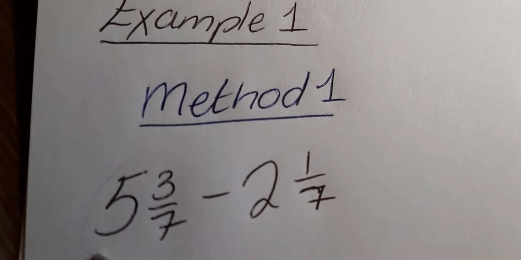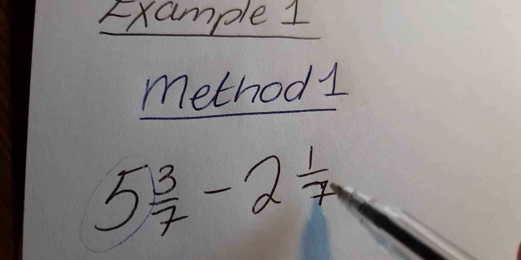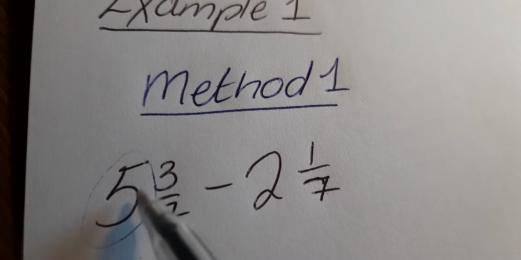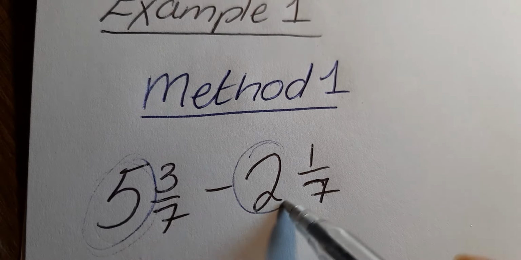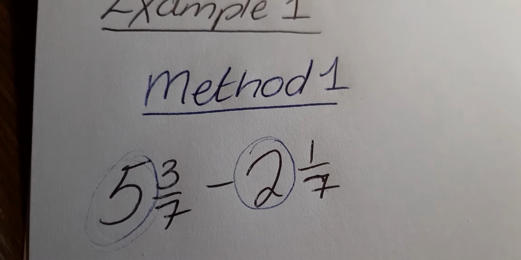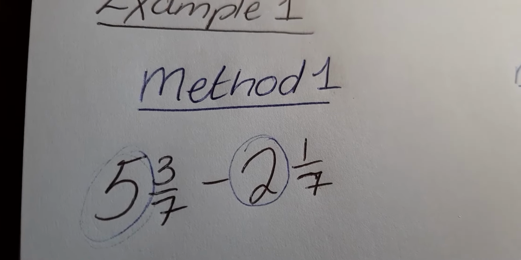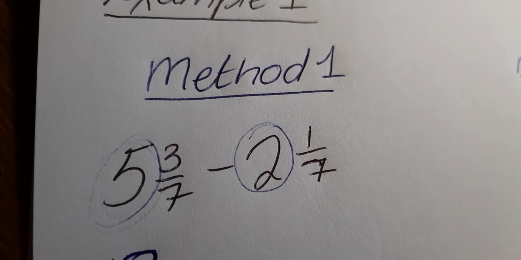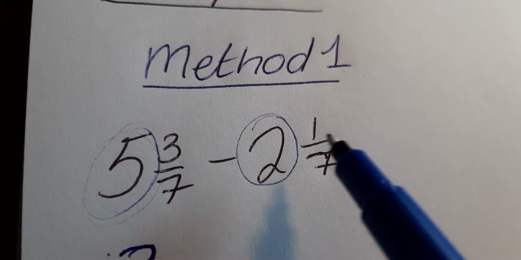We said we have 5 wholes and 3/7 minus 2 wholes and 1/7. So 5 wholes minus 2 wholes is equal to 3 wholes. And then we have 3/7 minus 1/7.